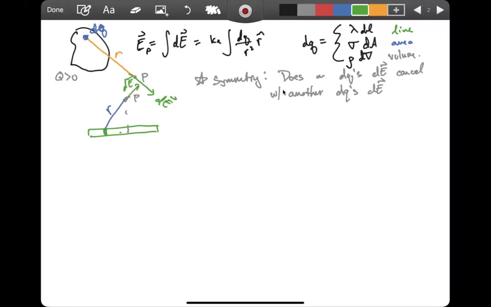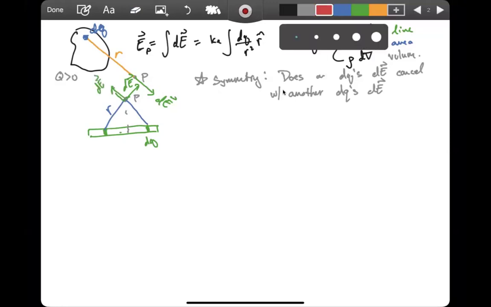Symmetrically on the other side, we have at the same distance this little dq, which has exactly the same r, but now our differential electric field points in this direction. So by symmetry, the horizontal pieces are going to cancel, which leaves us only with the vertical piece. So we have to worry about finding the cosines and sines, because we only want the vertical portion, not the entirety of everything that we're going to integrate over.